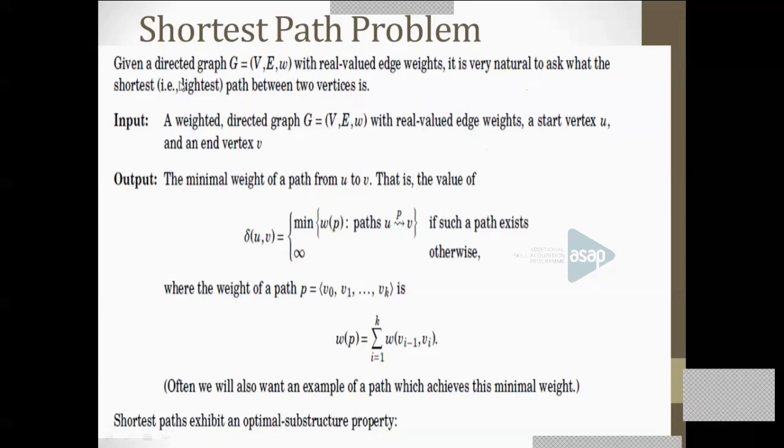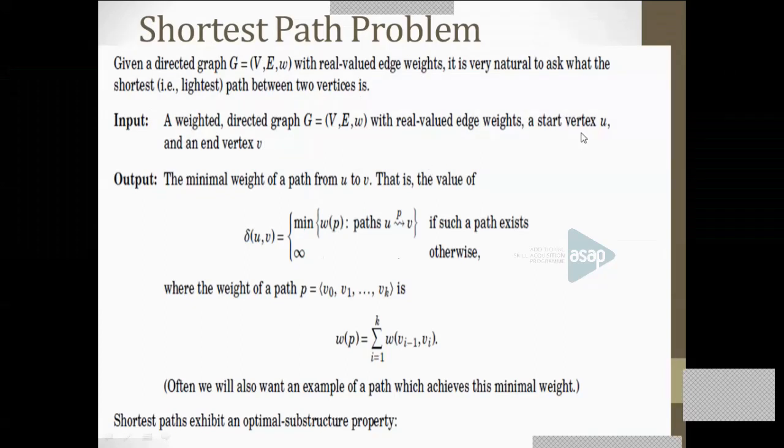And the question is, what is the shortest or the lightest path between two vertices? These vertices are going to be two cities. The input will be this weighted directed graph with the triplet V, E, W, and a start vertex and an end vertex.